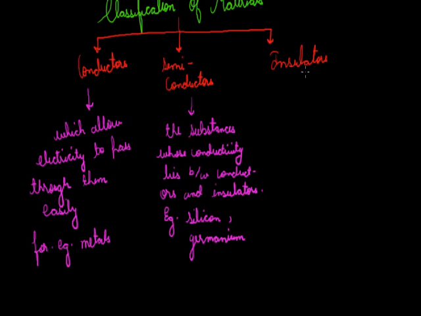Next category is insulator. Insulators are the substances which do not allow the electricity to pass through them. Meaning they provide a path which is full of obstructions and hindrances which do not allow electricity to pass through it.